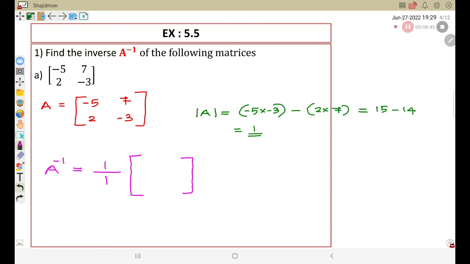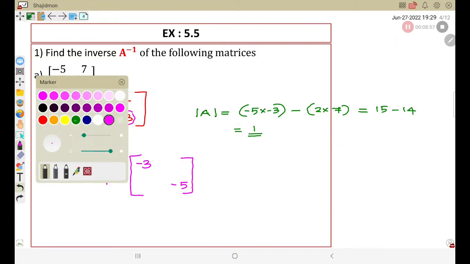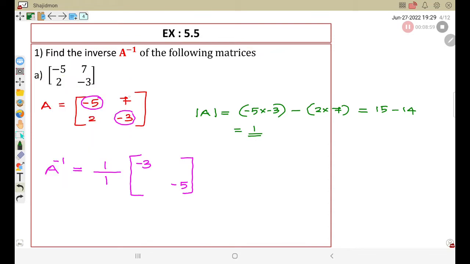What are the main diagonal numbers? -5 and -3. We interchange these two numbers. So -3 we write first, -5 we write last. Off-diagonal numbers get the opposite sign. For example, 7 we write as -7, opposite sign, and 2 we write as -2, opposite sign. Okay, I hope you understood.